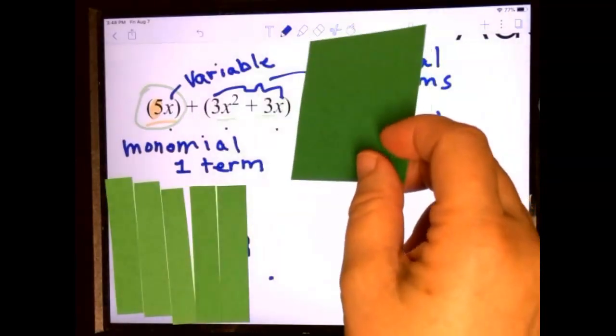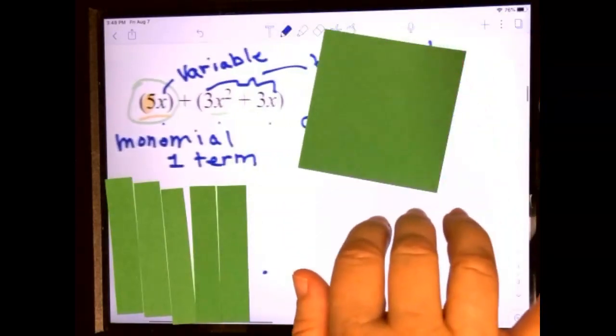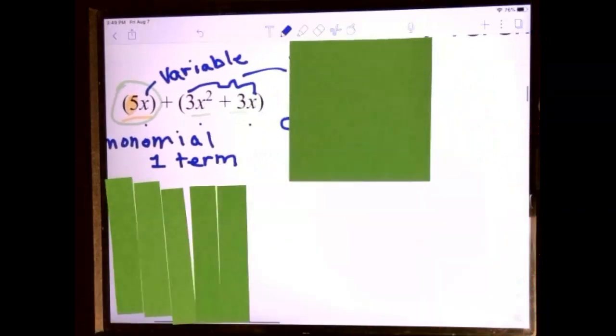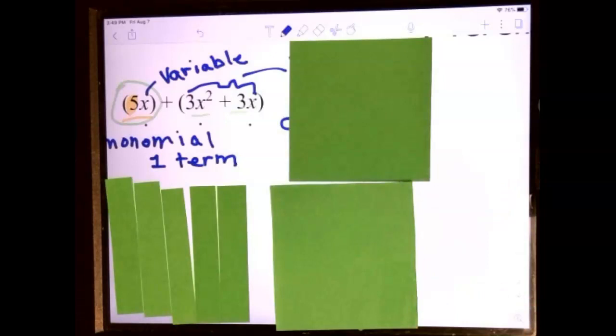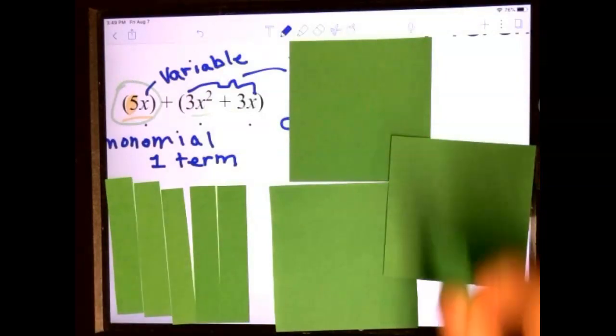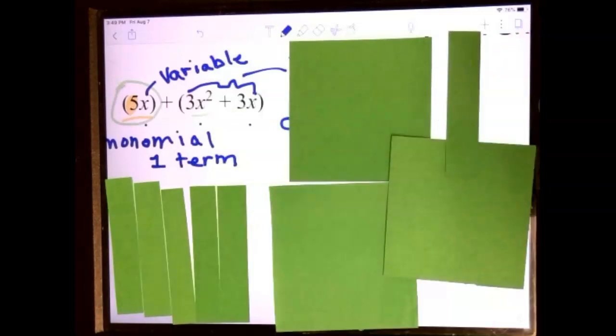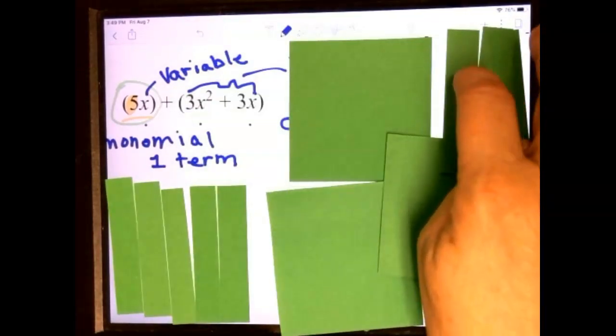Because that's the big squares, remember? 3x squared plus 3x. So I need 3 more of these green ones that look like that. So 1, 2, 3.